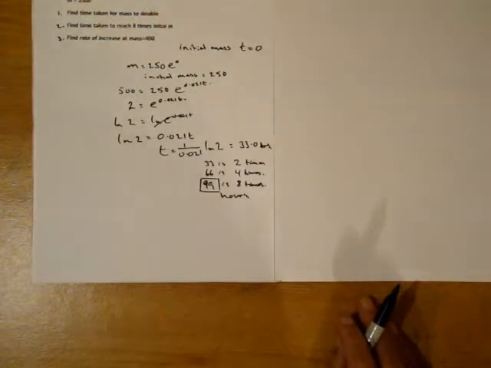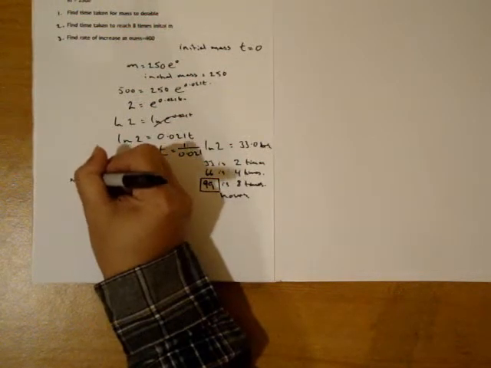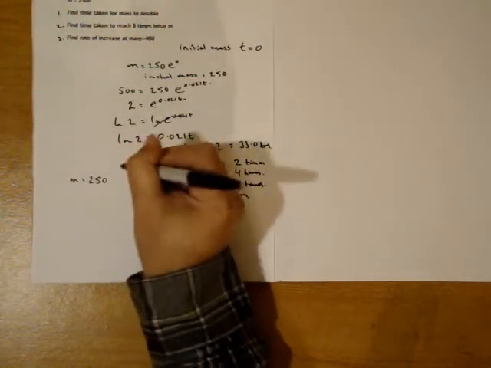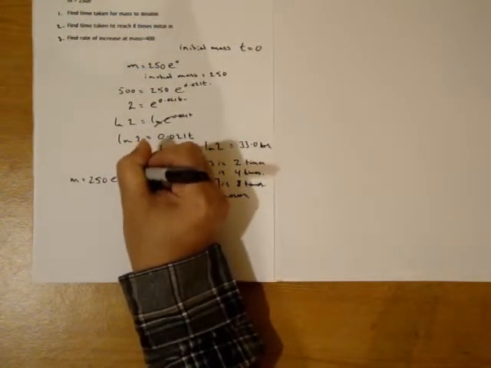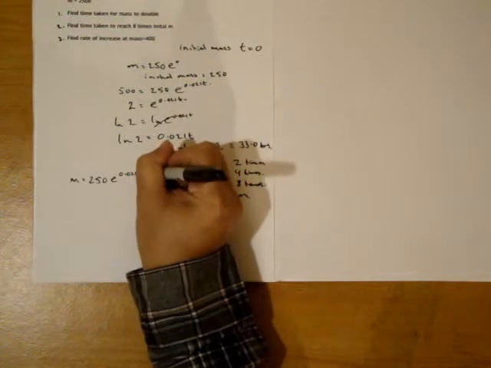When it says rate of increase, we need to differentiate. So we have m equals 250 e to the 0.021t.